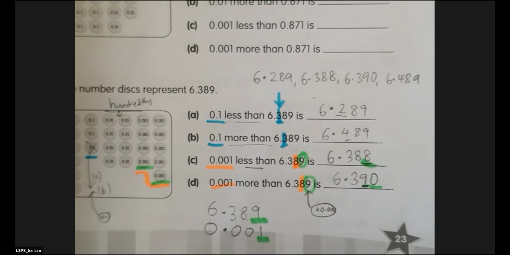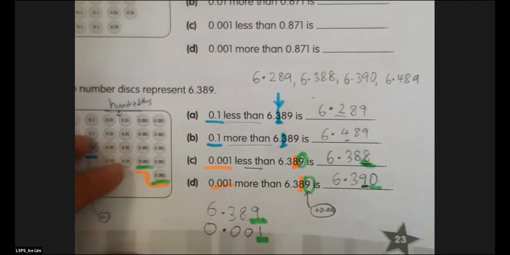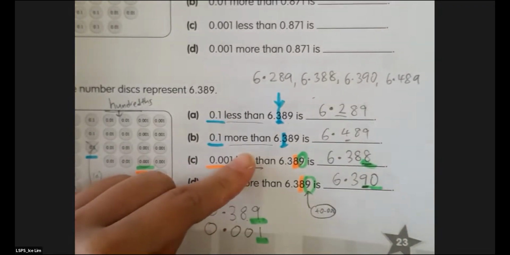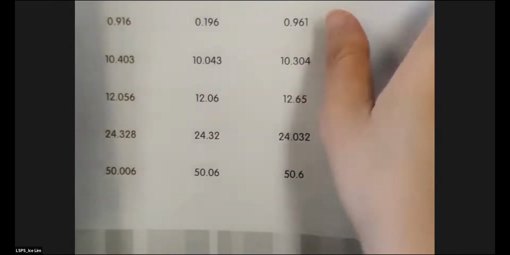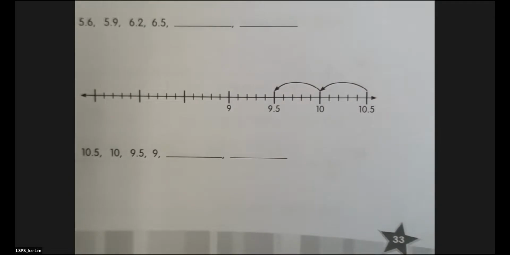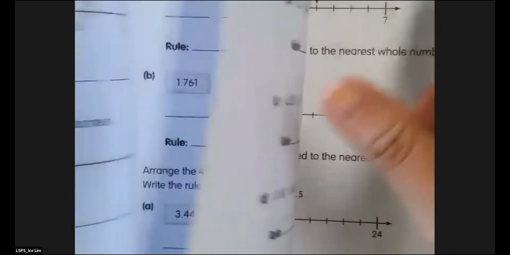And the two numbers are very similar, just at one place is changing. And you'll find me using more than, less than a lot when I go on to number patterns. You'll see using more than, less than a lot, the rule.